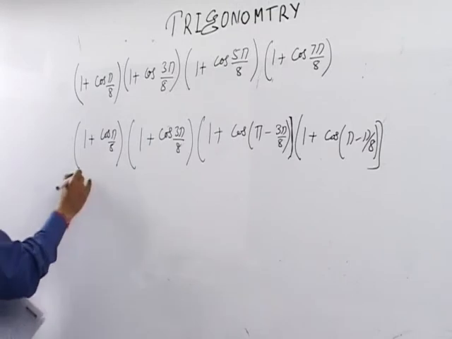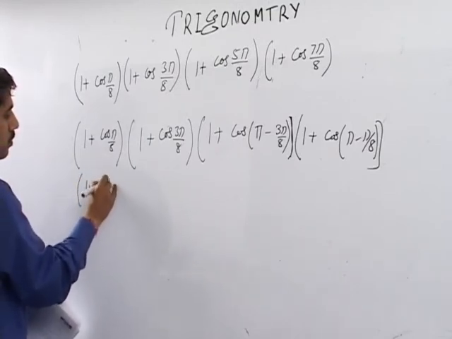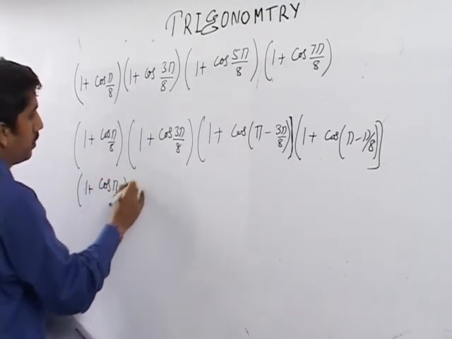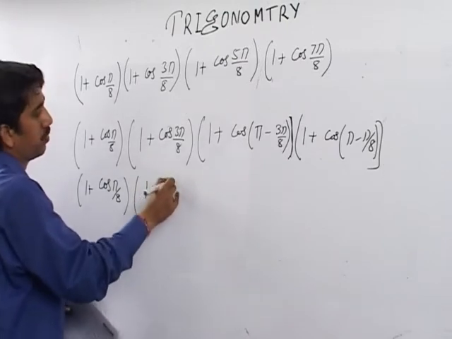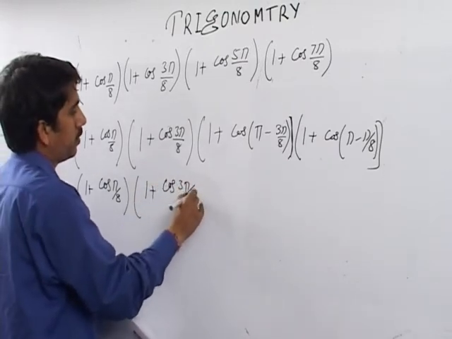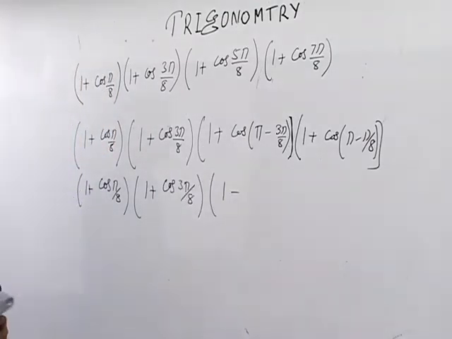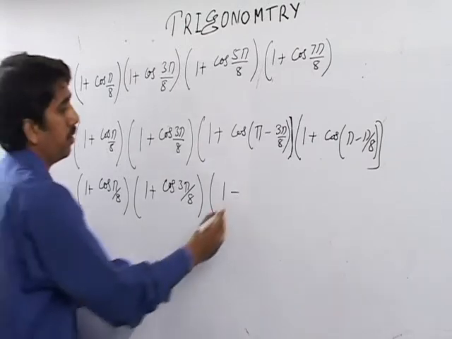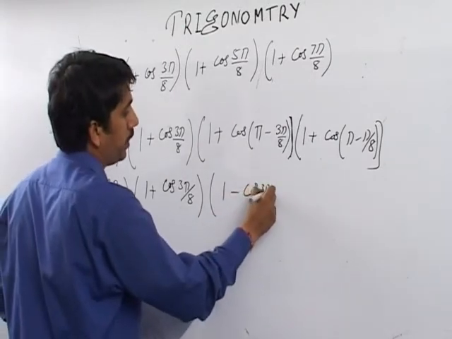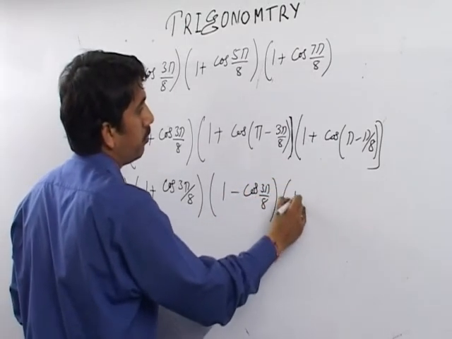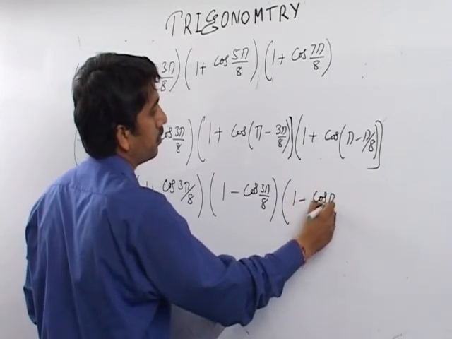Now this will be equal to 1 plus cos pi by 8. This is 1 plus cos 3 pi by 8. This is 1 minus, because this line is in the second quadrant, cos pi minus 3 pi by 8, cos 3 pi by 8, and this will be 1 minus cos pi by 8.